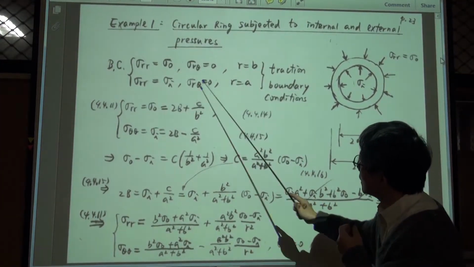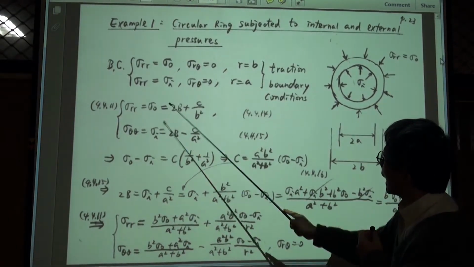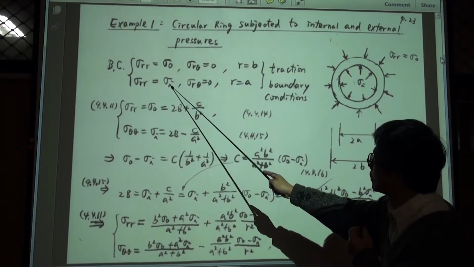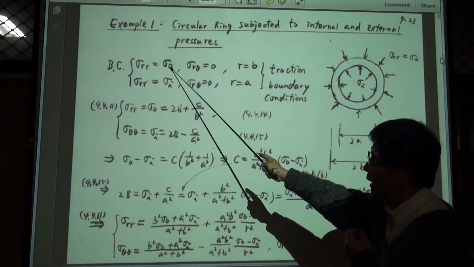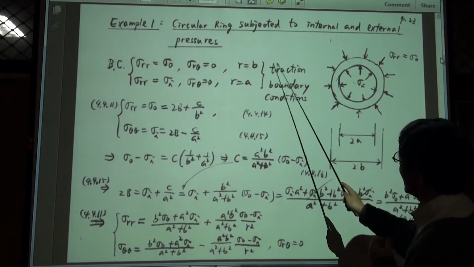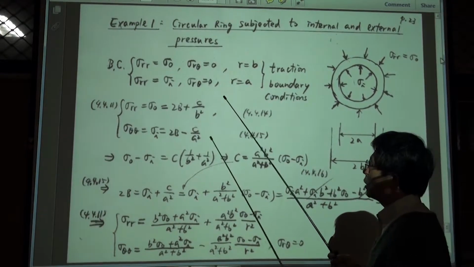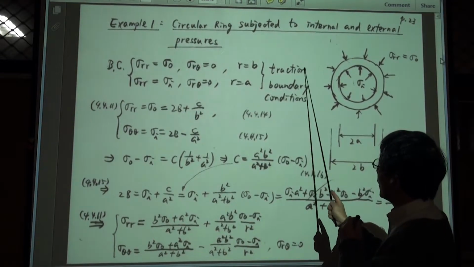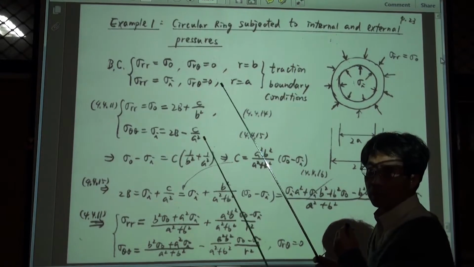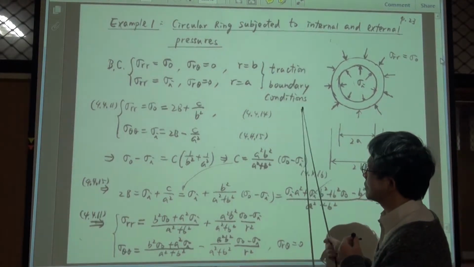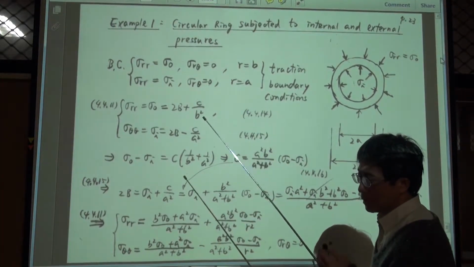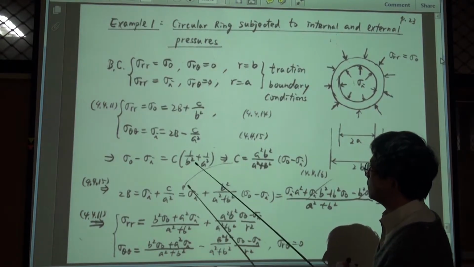At r equal a, we have the pressure like this. i means the internal pressure, o means the outer pressure. This is a traction boundary problem because all the boundary conditions are written in terms of traction. We call it the traction boundary conditions.